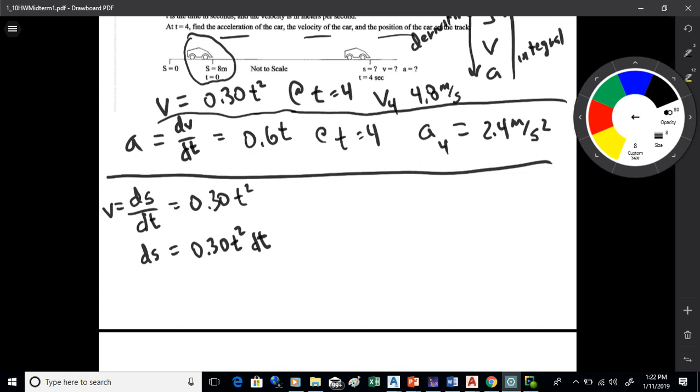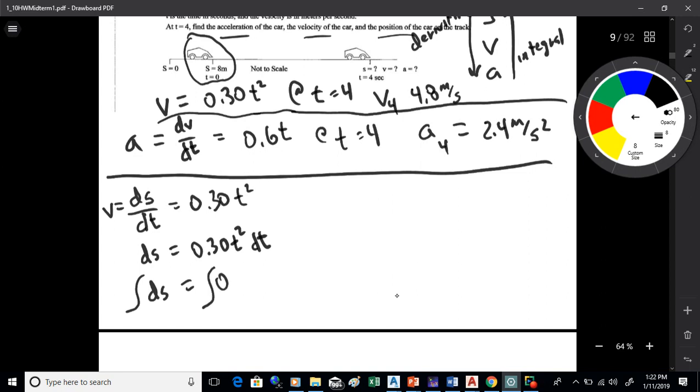And then that's an instantaneous equality. The change in displacement over a very, very small increment is 0.3 times whatever the square of the time is times the small change in time. All right? Now I want to relate s to t because I want to find out what s is when t is 4. So to do that, I'm going to have to add up all those little increments over a larger span so that instead of having ds and dt, I've got s and t.